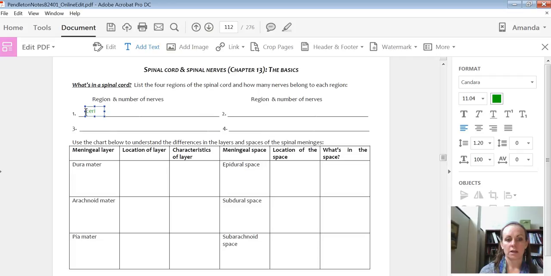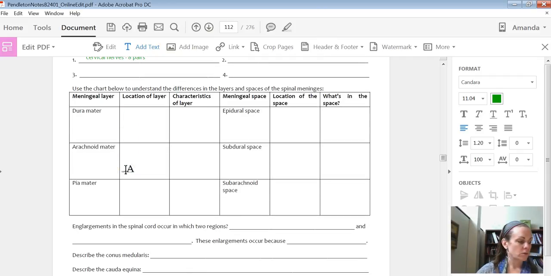You could say that there are cervical nerves, and there are going to be 8 pairs, one on each side, right and left. So go ahead and fill in the other ones. I would actually add in a number 5, and that would be a coccygeal spinal nerve, and there's 1 of those.